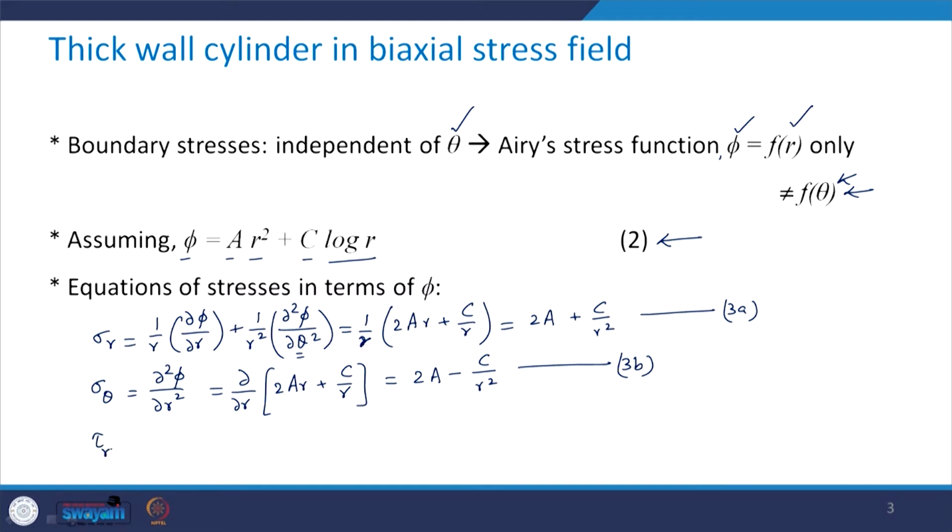Then tau r theta will be equal to 1 upon r square del phi del theta minus 1 upon r del 2 phi del r del theta. This will simply be equal to 0 because phi is not a function of theta, so differentiation with respect to theta will be equal to 0. That's how we can obtain these equations of stresses in terms of phi.